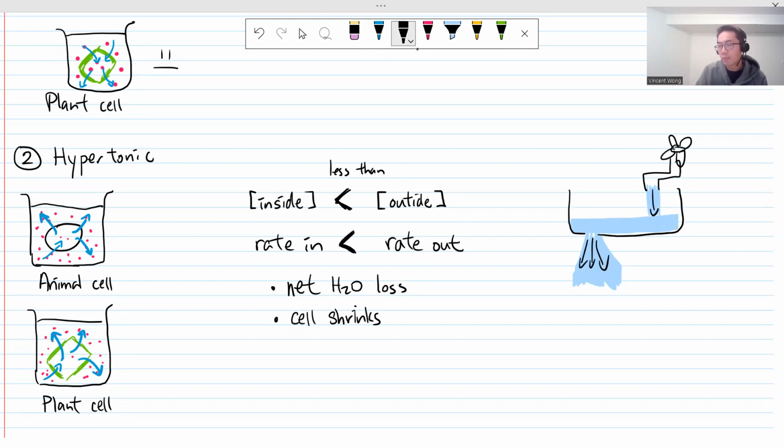You're still filling it, but then you have more water leaving. So what's gonna happen to the water level? Reduce. That's right, it drops. So similarly, our cell volume is going to go down, it shrinks. Okay?